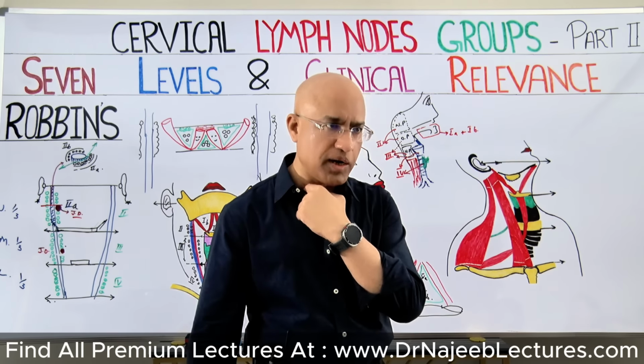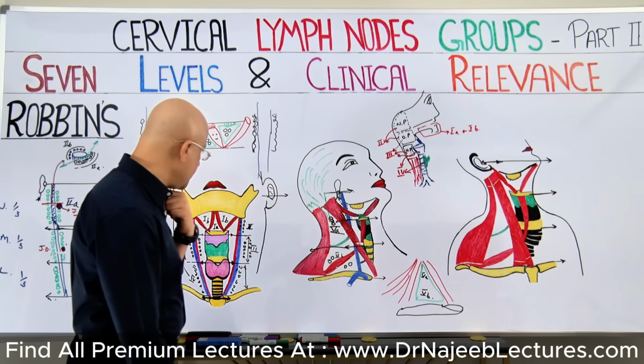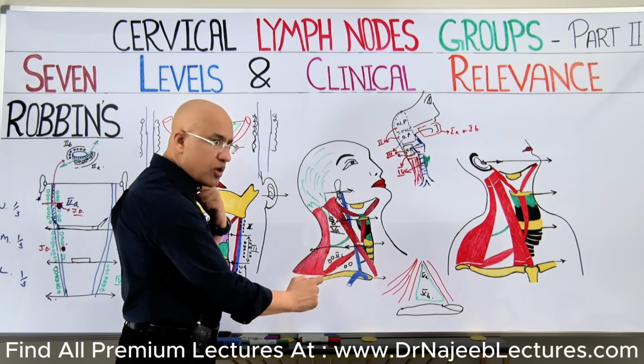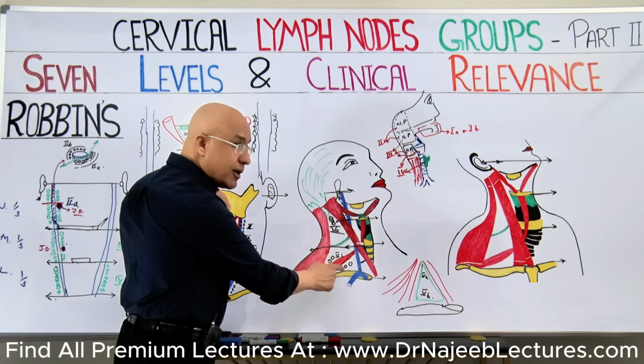The left side is very important. When we talk about these lower lymph nodes or subclavicular lymph nodes or 5B lymph nodes on the left side, we should be very serious. Better to take one cup of coffee and then talk about it. This is a very serious matter, lymph node in this area.